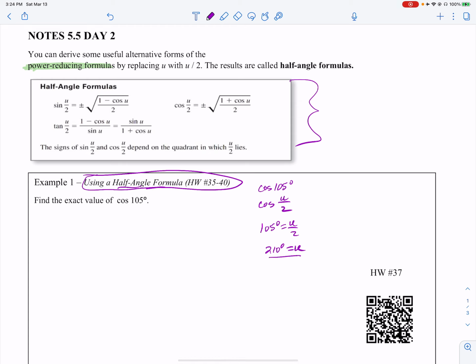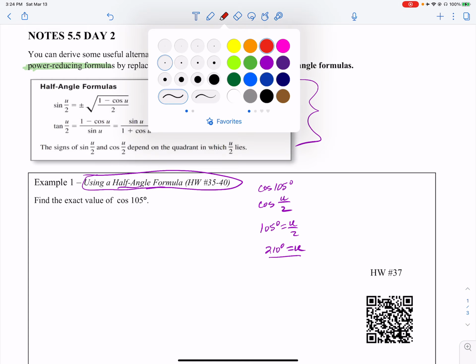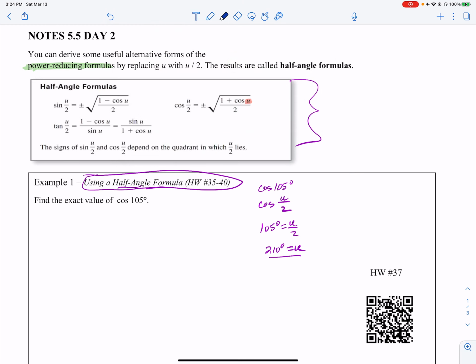And that's going to be important as you substitute in, because we're using the cosine half angle formula, and so cosine of u is here. So that's going to be your 210 degrees. But your u over 2 is 105, and that is that angle right there.